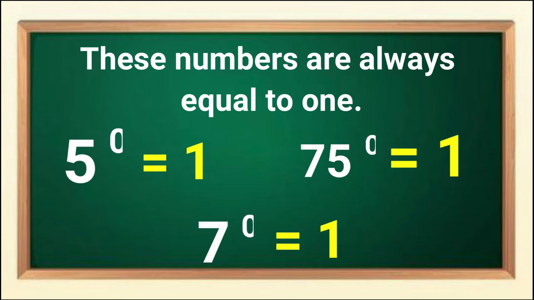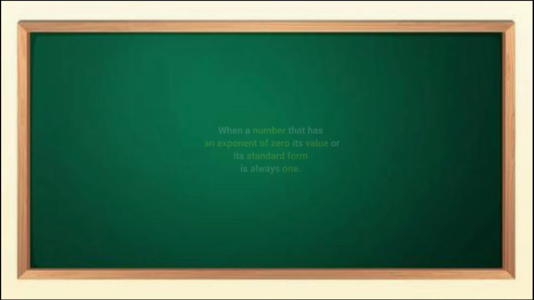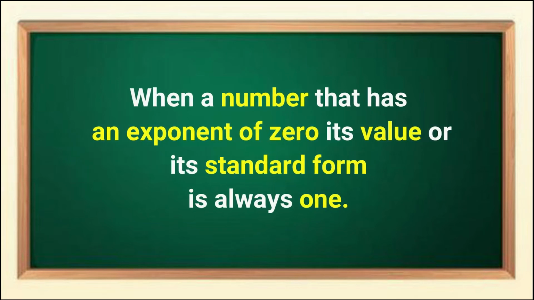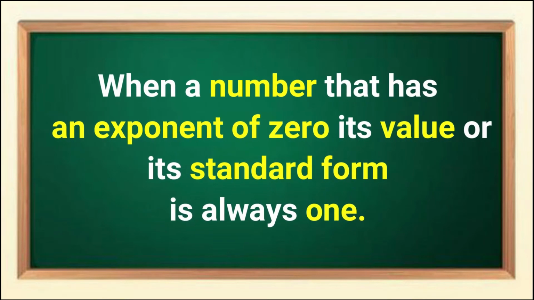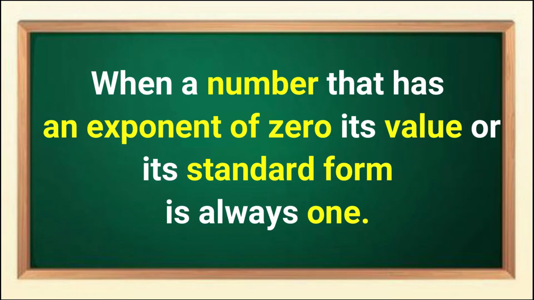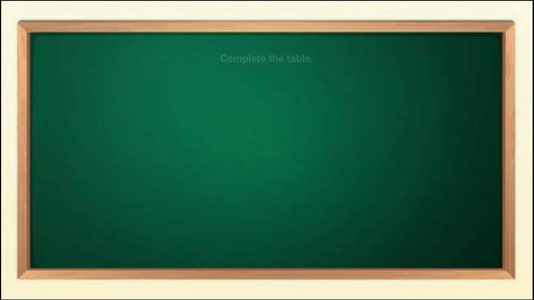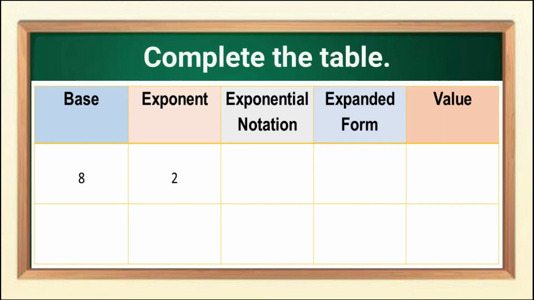And 75 that has an exponent of 0 equals 1. Again, when a number has an exponent of 0, its value or its standard form is always 1. Amazing! Now let's try to answer this.